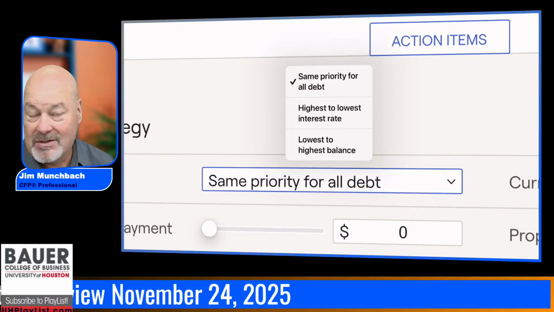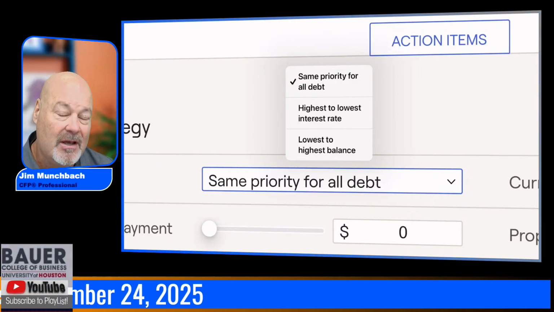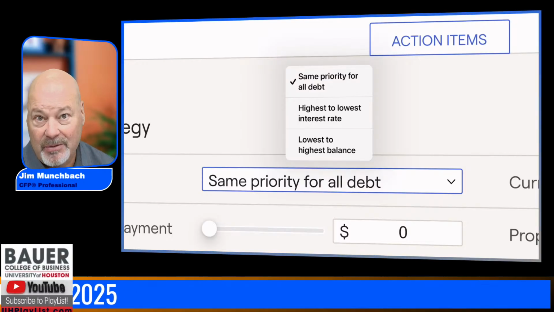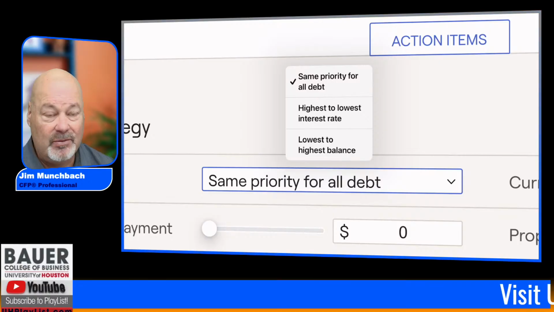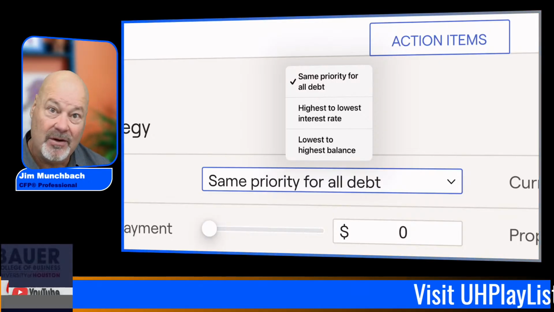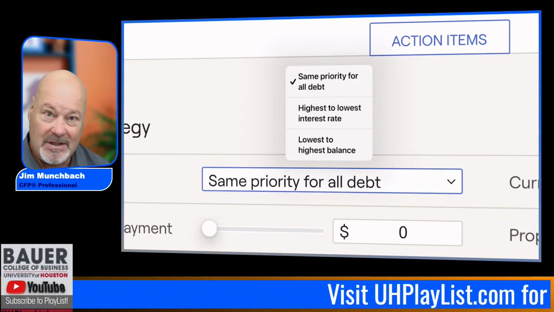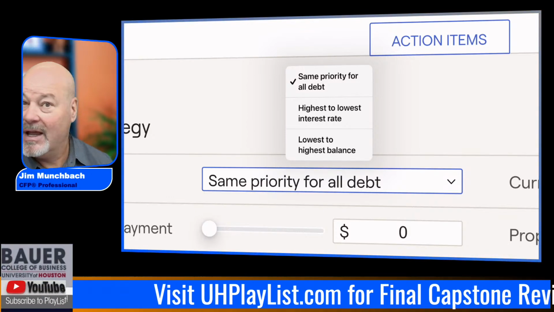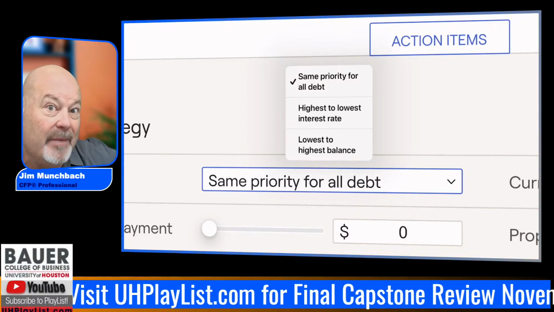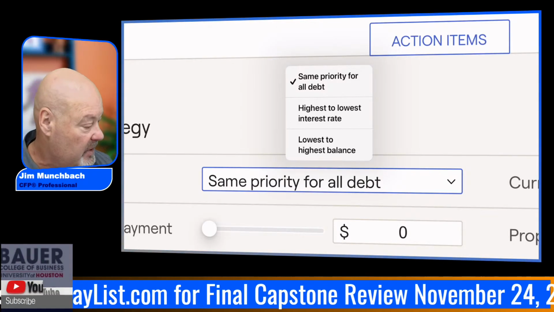The one that you have now isn't really a strategy. It's just pay everything according to the minimum payments that you put into those debt cards. So if we go back and we look at your loans, you'll see the minimum payment, and that's what you're paying. That's what this is saying. You're saying to Right Capital, just use that amount, just pay whatever the minimum is.